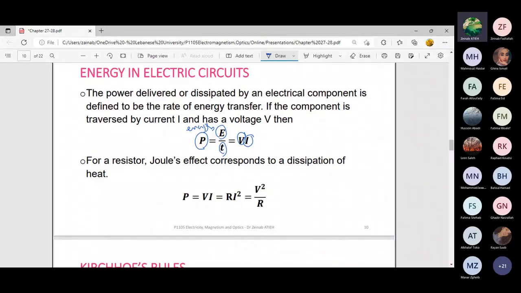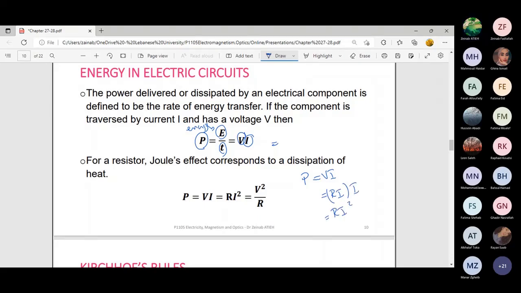Okay, for a resistor, we have a more beautiful formula. We can replace V by IR or RI. So if we have P equals VI, and we replace V by RI for a resistor, we will get RI squared.